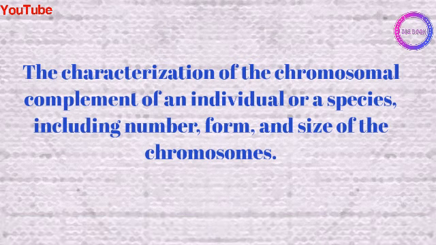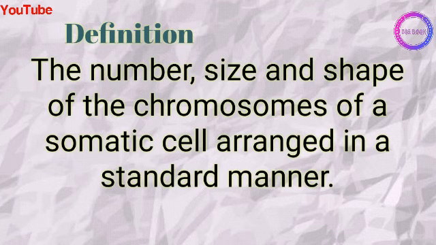This definition is the number, size and shape of the chromosomes of a somatic cell arranged in a standard manner. This gives the complete information about the karyotype, and how it has to be standardly arranged to make it appear in a correct way.